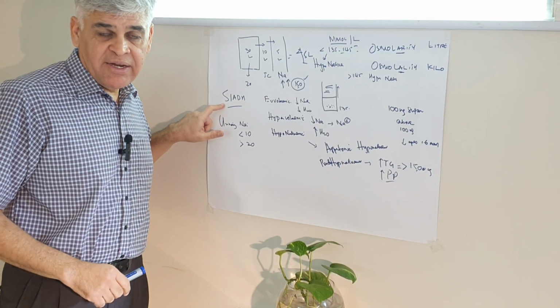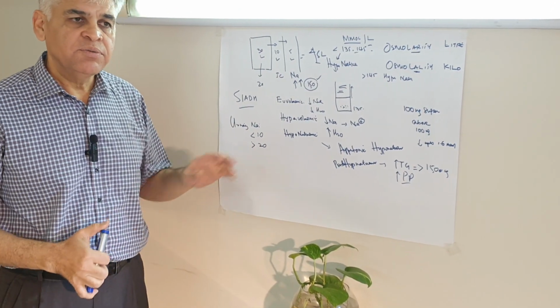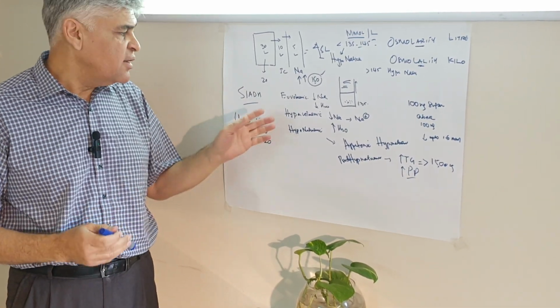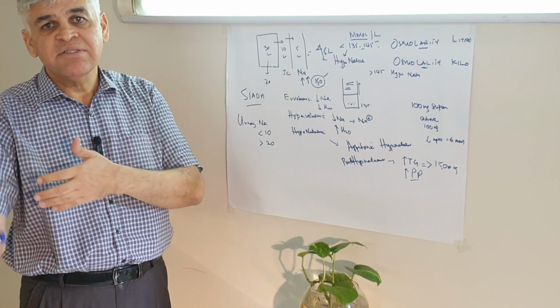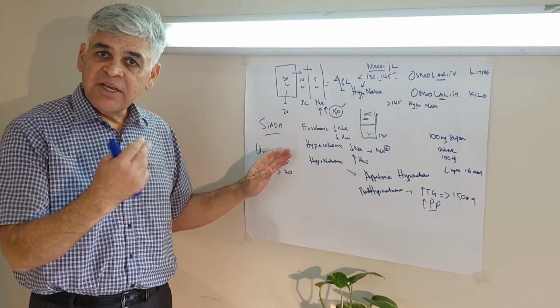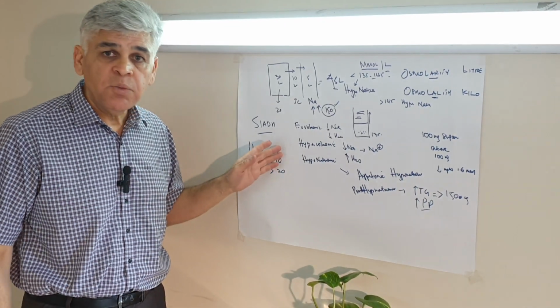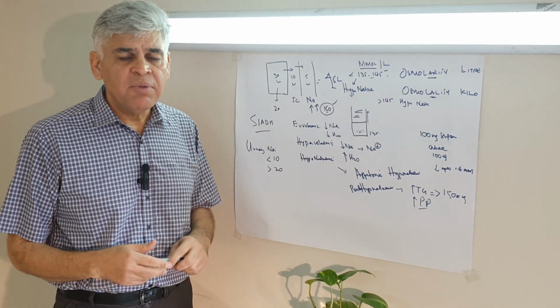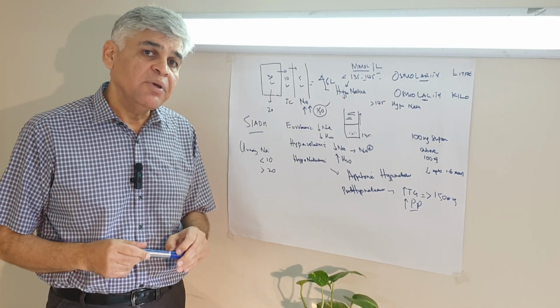But what do you do with SIADH? There are different things which are done. One is that you can use demeclocycline. It actually reverses the SIADH, because it causes a condition like diabetes insipidus. The other is that you can restrict water to about 800 ml to 1000 ml per day.